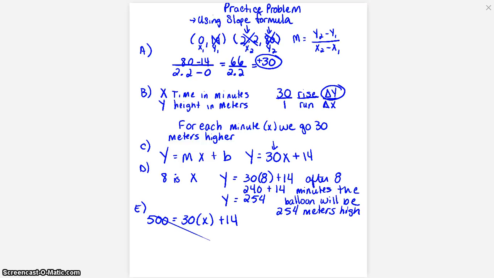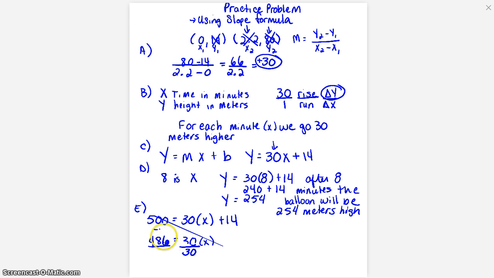So subtract 14 from both sides. And this should be 486 equals 30 times X. Then we divide both sides by 30.